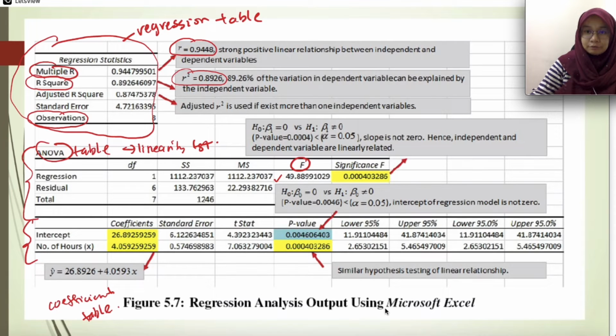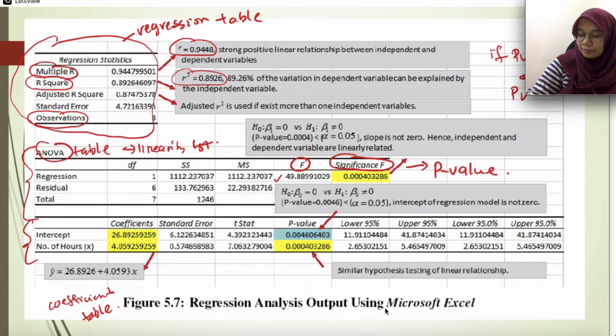Notice that we have a new term here, Significant F. Significant F is your p-value. You can compare using the p-value. If p-value is less than alpha or p-value equals alpha, you have to reject H null.